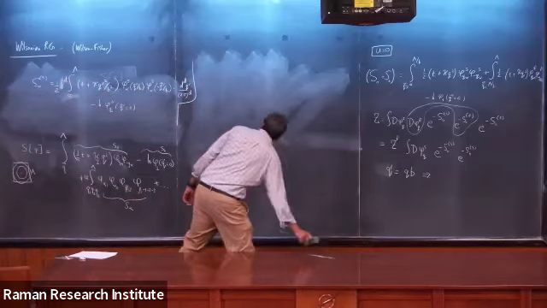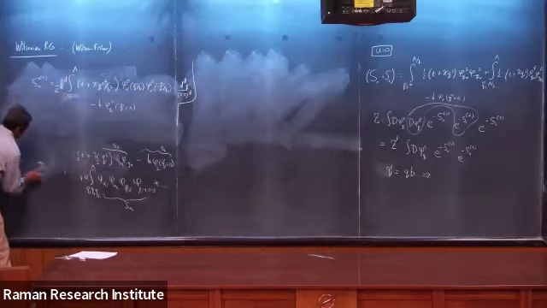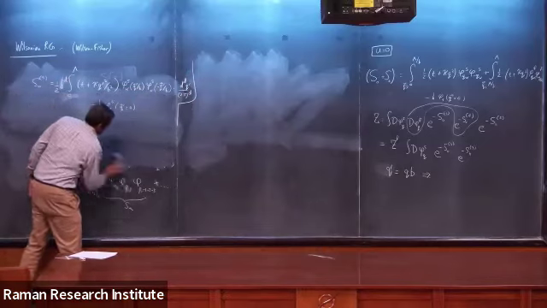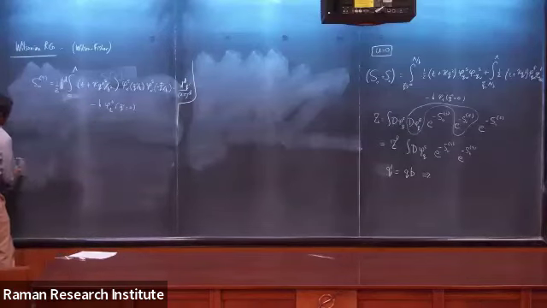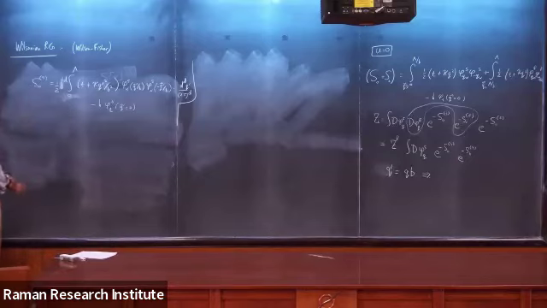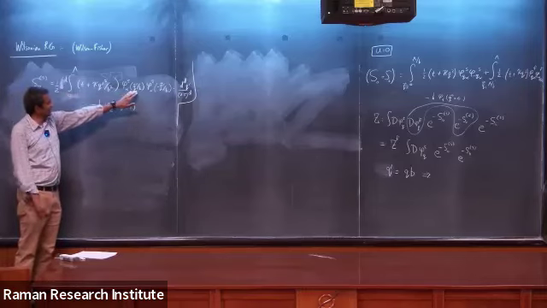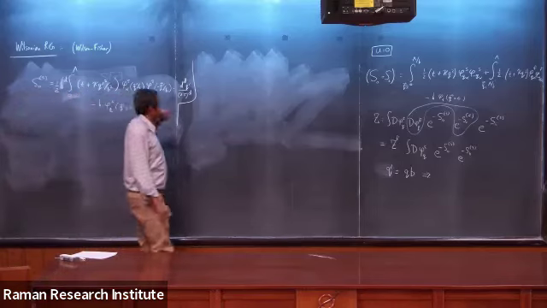Let me erase this. Maybe we'll come back to this later when we need it. So now I say, well, this action doesn't look like the action I started with.